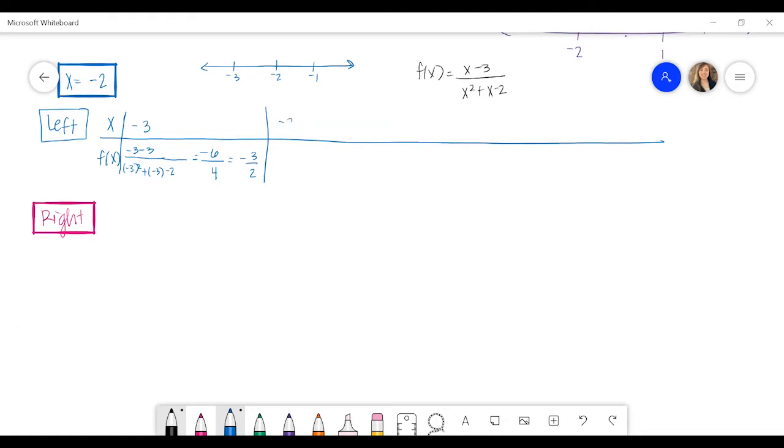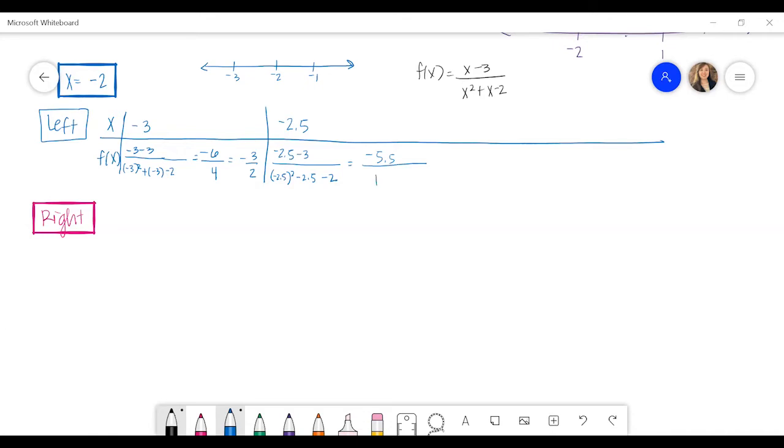So this ultimately is negative 3/2. Okay, and let's try negative 2.5. So numerator, we have negative 5.5. Denominator, 2.5 squared, I have 6.25. And if we bring in that negative 2.5 with it, we have 6.25 minus 2.5 minus 2.